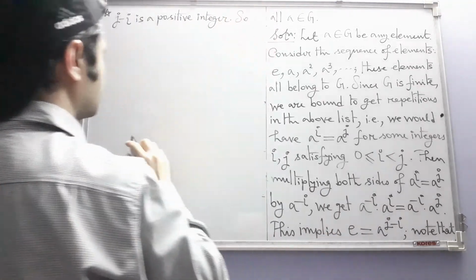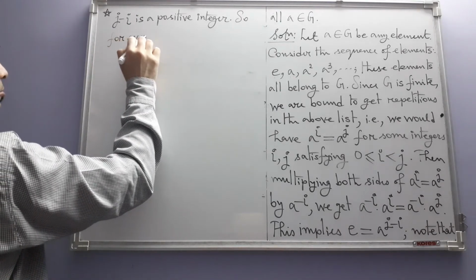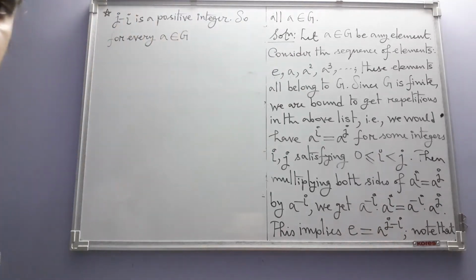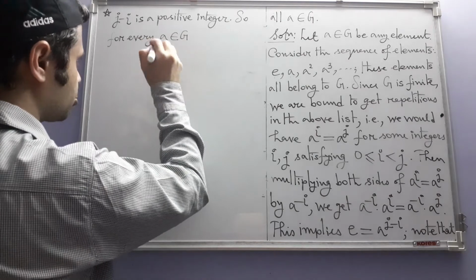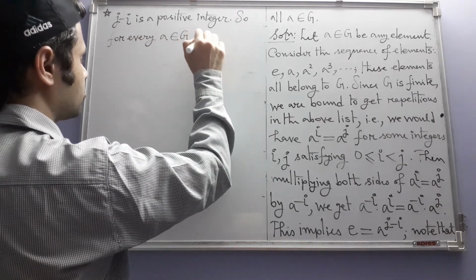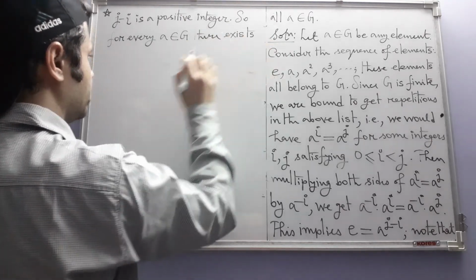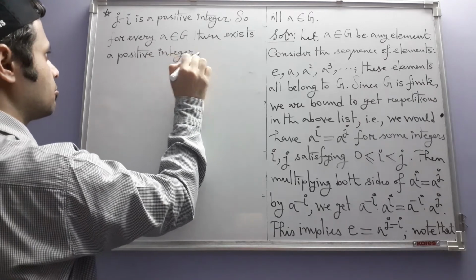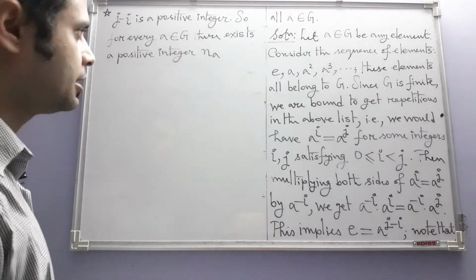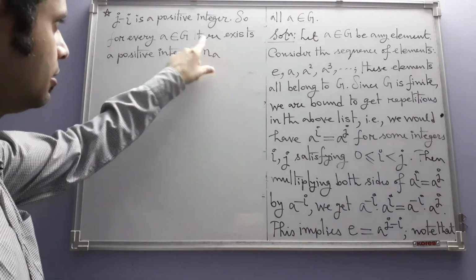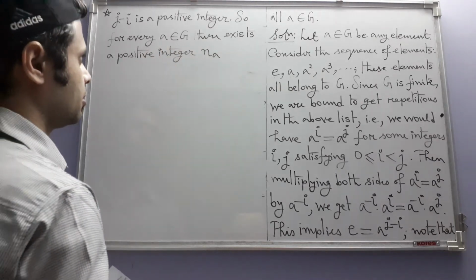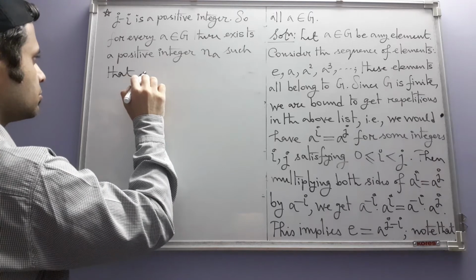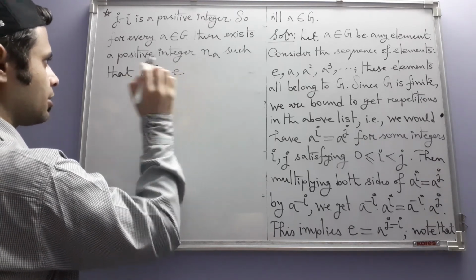So for every a belonging to G, to show the dependence of j minus i on a, we use a notation that shows it comes from the element a: there exists a positive integer na, the suffix a showing that it depends on a, such that a to the power na is equal to identity.